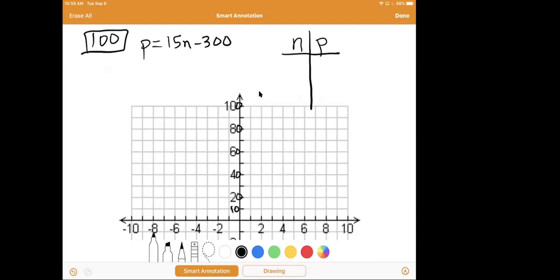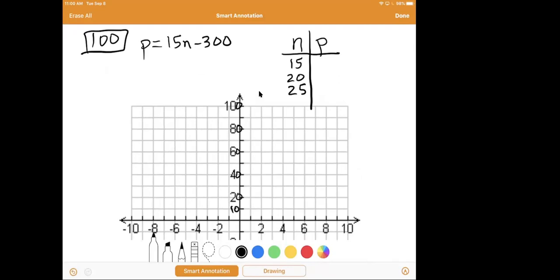So let me see here. I'm going to let N equal 20, 30, not 30, hang on a second. I'm going to do N is 15, 20, and 25, and we're going to try graphing those.